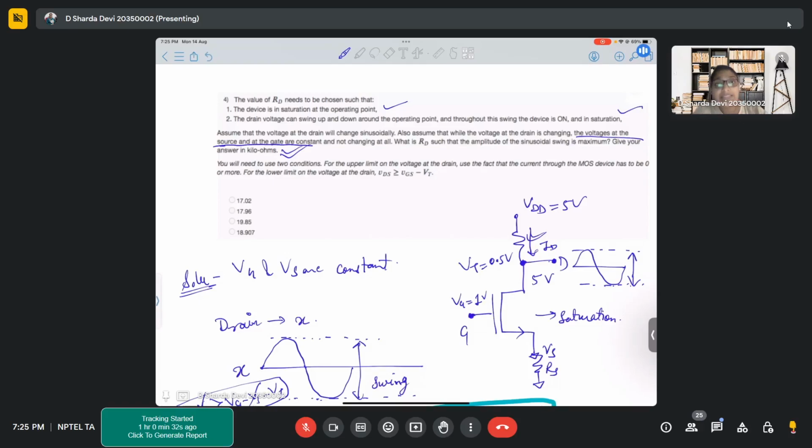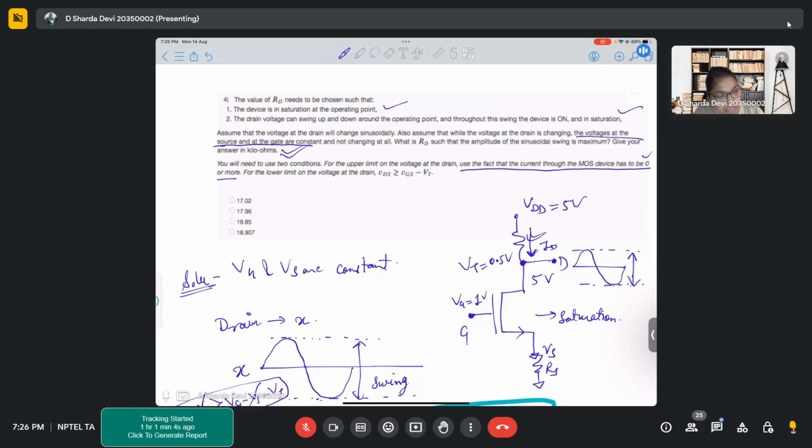See, as somebody was saying, they were not getting the maximum swing till 5 volts, because when you have VD at 5 volts, that means your ID will be zero. But it is not possible to have an ID of zero and still have your transistor in saturation. But why are we using that in the problem? Because if you read your question very carefully, it says to use the fact that the current through the MOSFET device has to be zero or more.